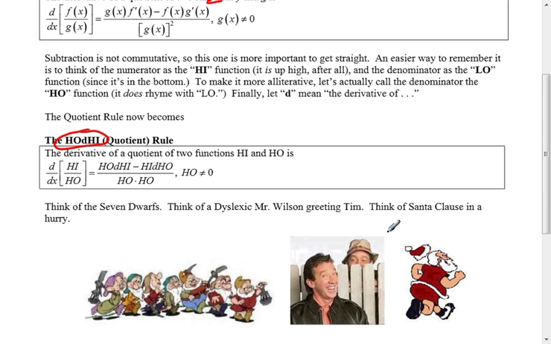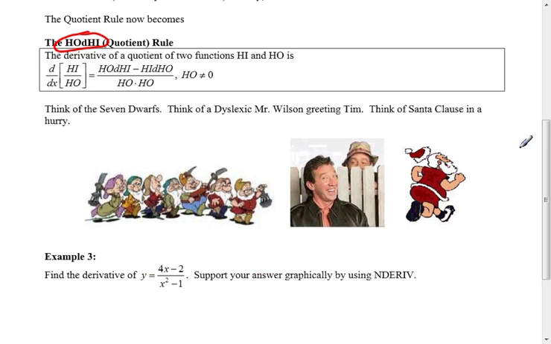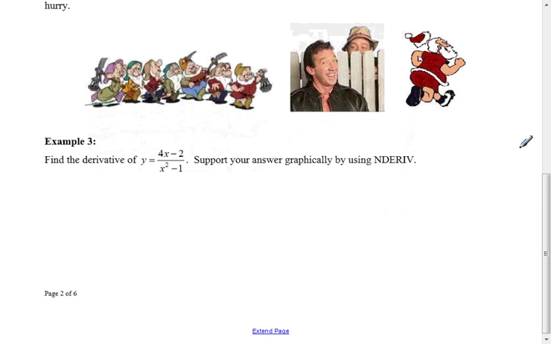Normally says hi de ho, neighbor. Well, he's going to be saying ho de hi, minus hi de ho, over ho ho. Or maybe the Seven Dwarfs, like ho d hi minus hi d ho, ho ho. Or Santa Claus in a hurry. So try to remember that. Sing a song, it works, even if you're a terrible singer like me.